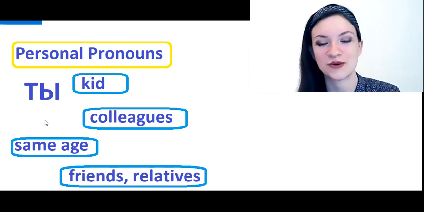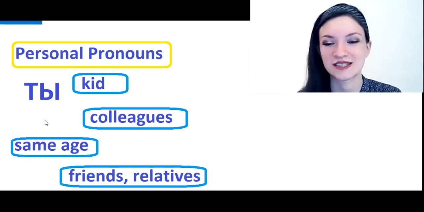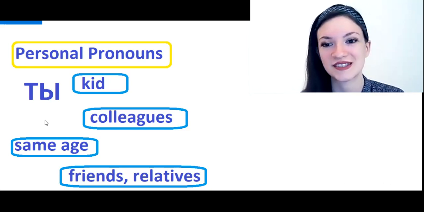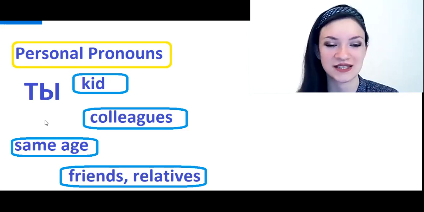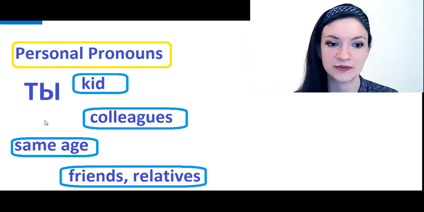And also we, of course, can say ты to friends and relatives. Yeah, for my mother, for a father, and brothers, sisters, and all friends. We say it, and also for grandmother, grandfather.